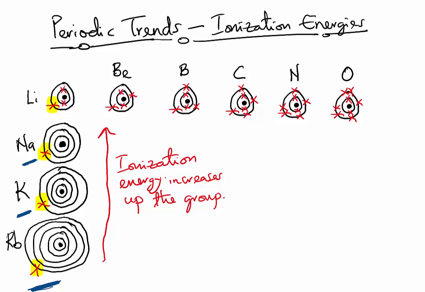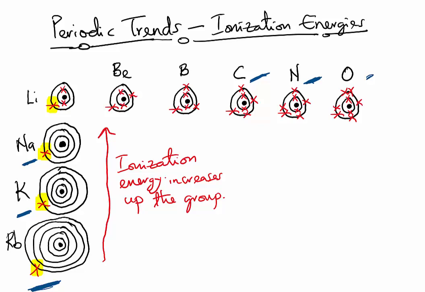So it will be a lot harder to remove an electron from oxygen than it would be to remove an electron from nitrogen. And it will be harder to remove an electron from nitrogen than it would be to remove an electron from carbon.